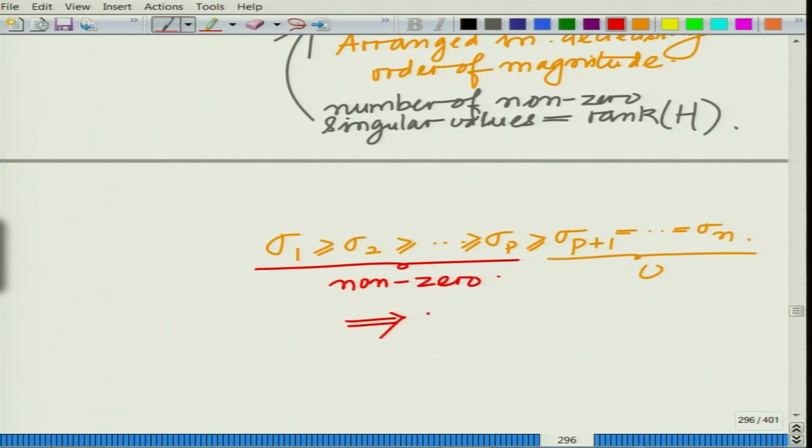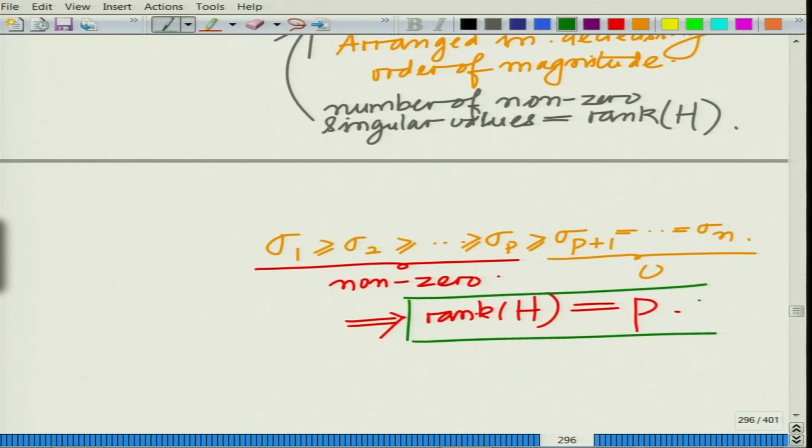This implies that the rank of the matrix H is equal to p, the number of non-zero singular values of H. The number of non-zero singular values of H is equal to basically the rank of the matrix H.